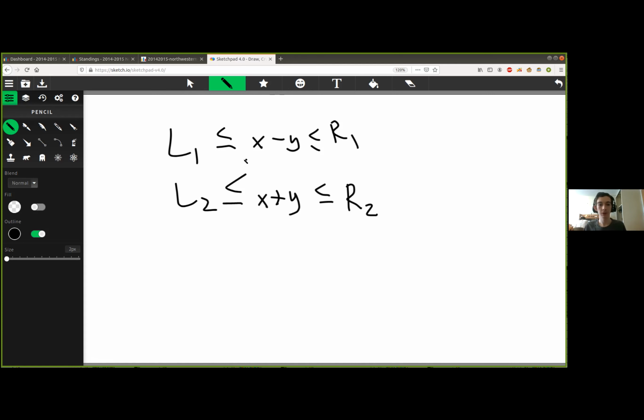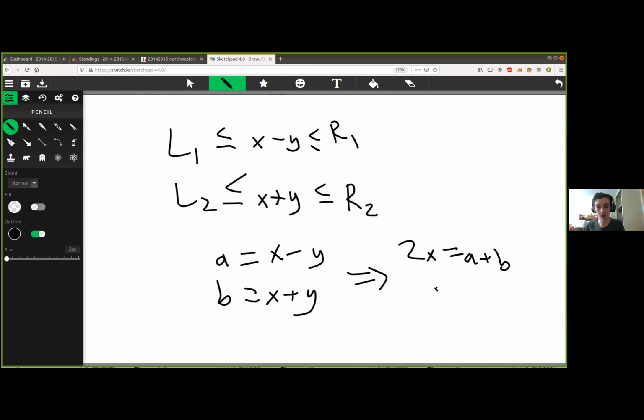Now if we picked 2 values within these intervals, then it's not necessarily an integer point. So if I say a equals x minus y and b equals x plus y, then if we add up these 2, we get 2x equals a plus b.